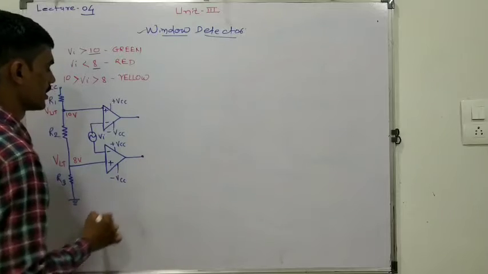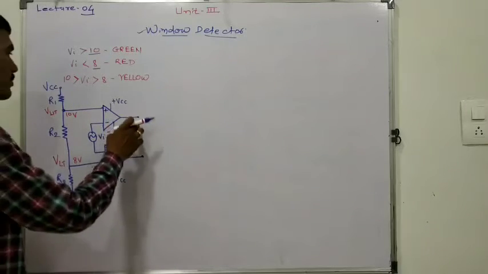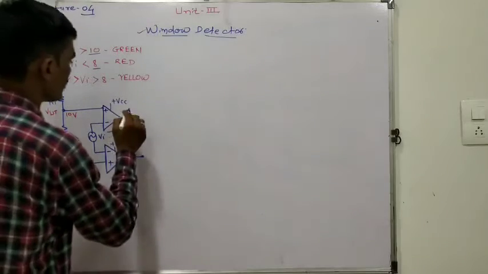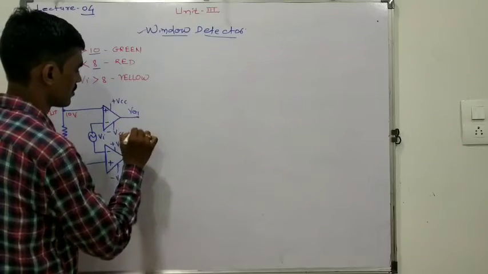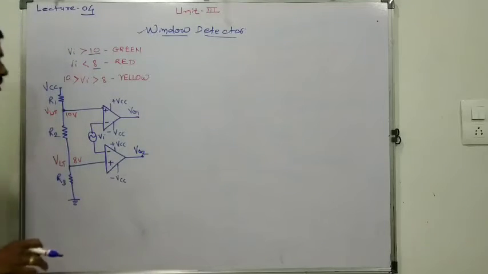Here is the output, plus minus VSAT. This is the output of both comparators, or we can say operational amplifiers, that is 741, which are VO1 and VO2, equal to plus minus VSAT. So this is the output voltage of the operational amplifier.